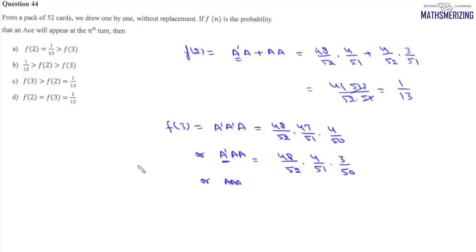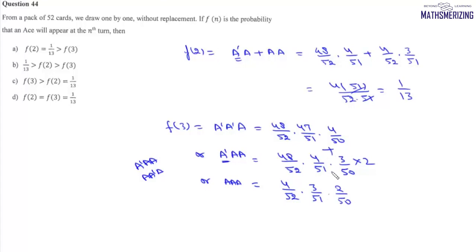Now there could be two such cases, either it could be a dash AA or it could be a dash A. So that means we'll need to multiply it with 2. Now for AAA, it will be 4 by 52, 3 by 51, and 2 by 50.